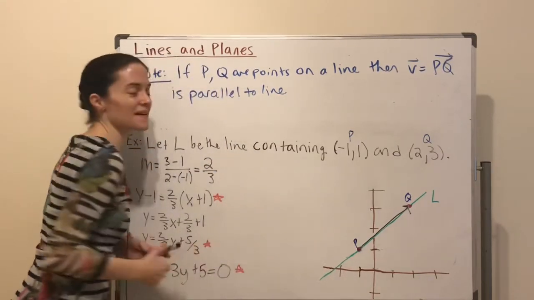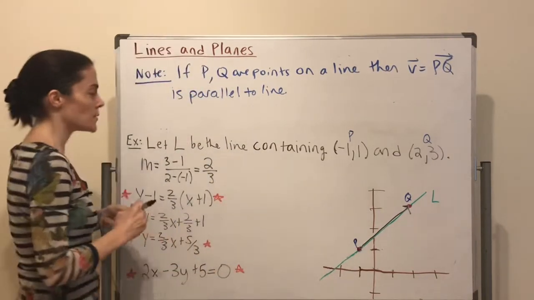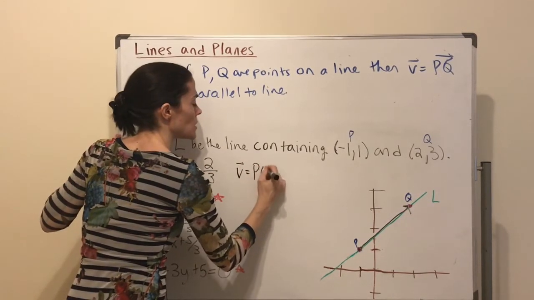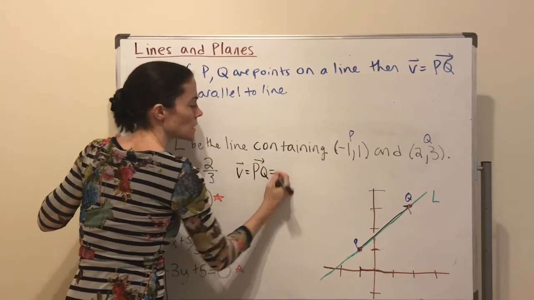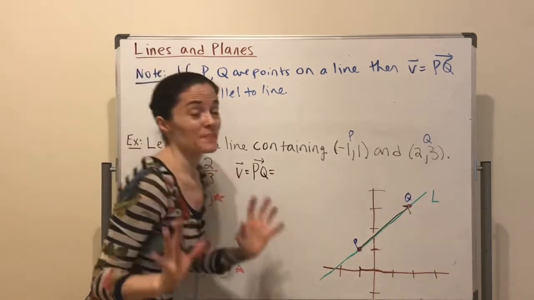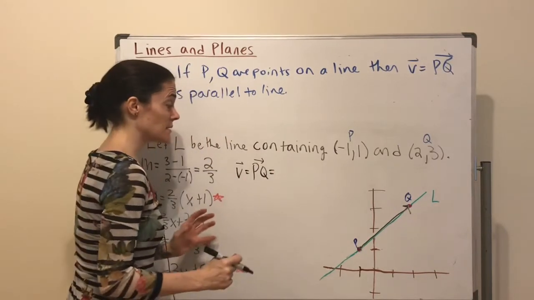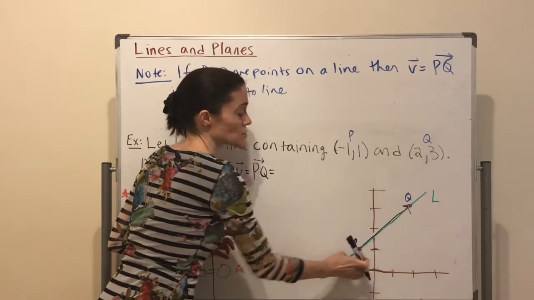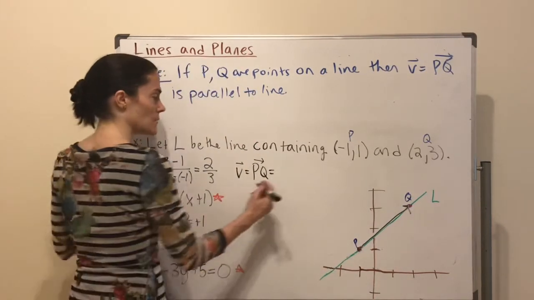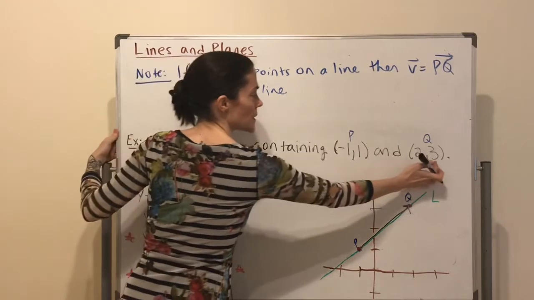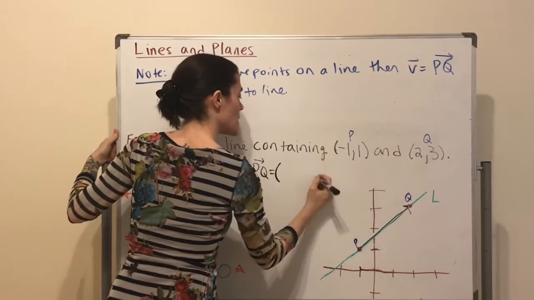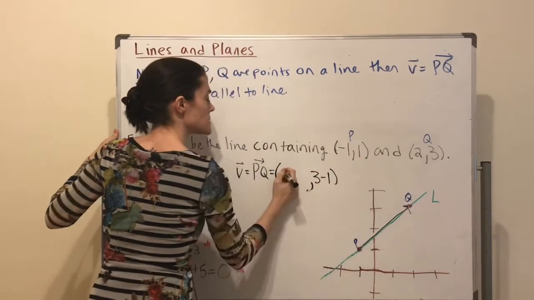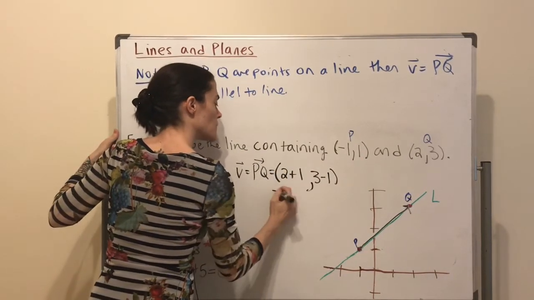Now, let's calculate it for this example. What is v, this PQ vector? Well, if you remember, and we have practiced this, we take each entry of Q and subtract the entries of P. So this would be 3 minus 1 for this entry, and 2 minus 1 would go here.